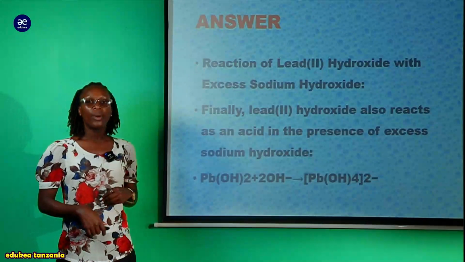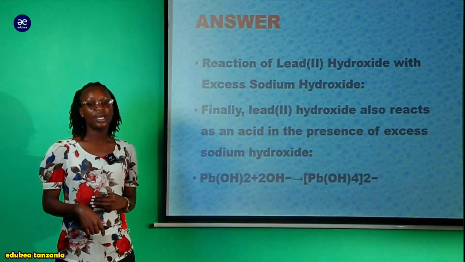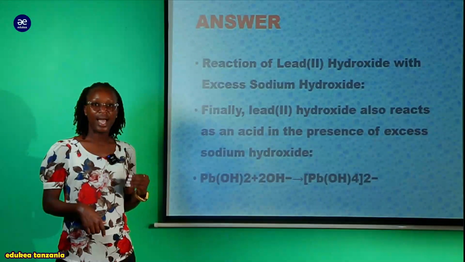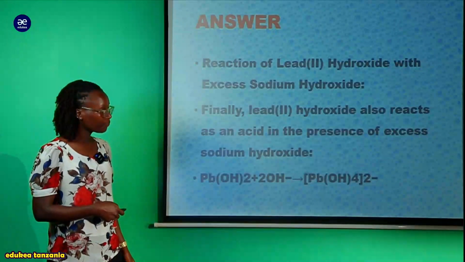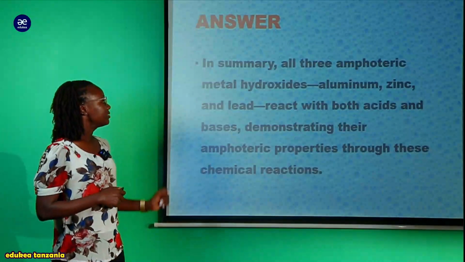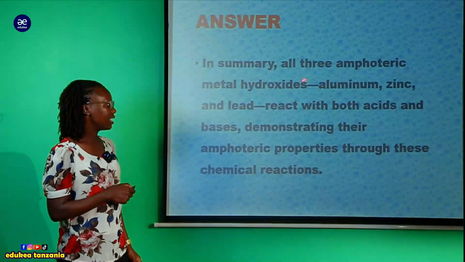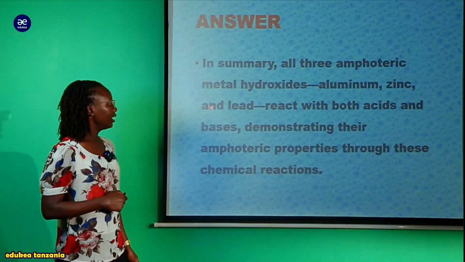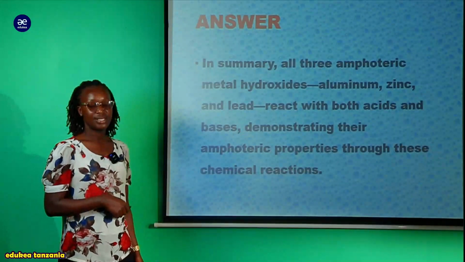So this is the simple meaning of amphoteric nature, which shows that the compound reacts as an acid but at the same time as a base. So in summary, you can say that all three amphoteric metal hydroxides, where we saw aluminium, zinc and lead, react with both acids and bases.